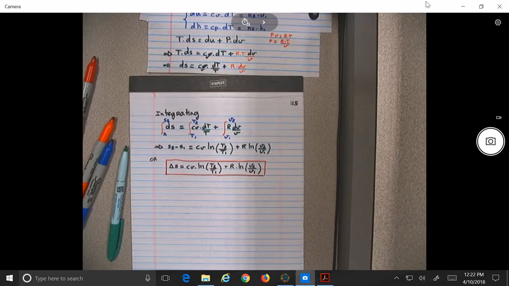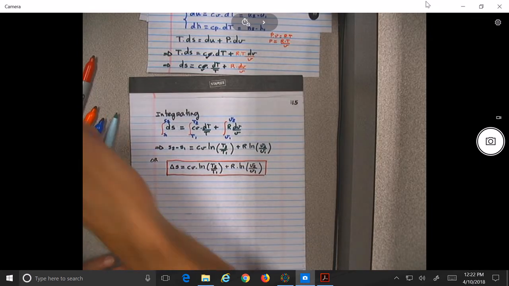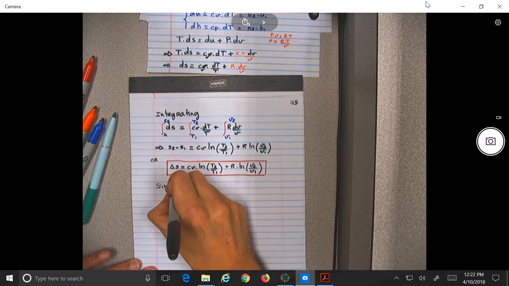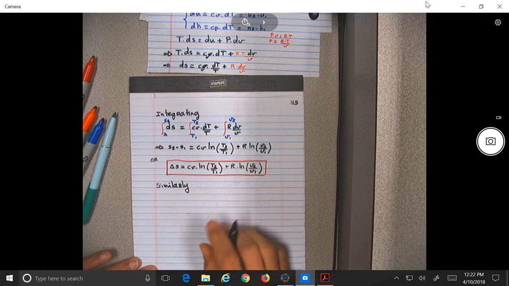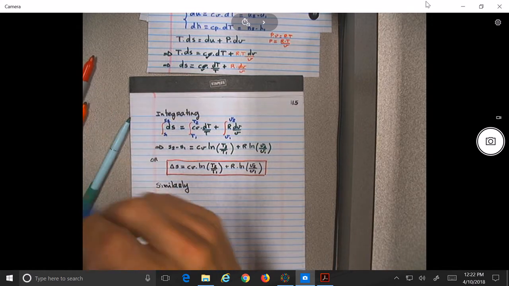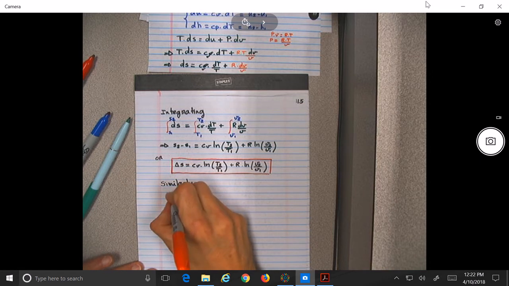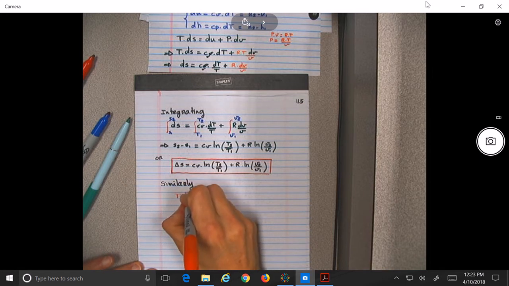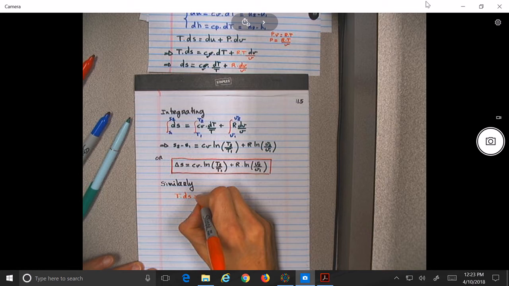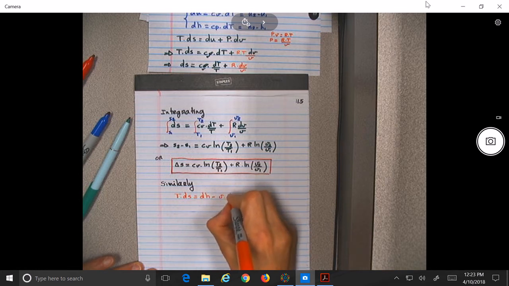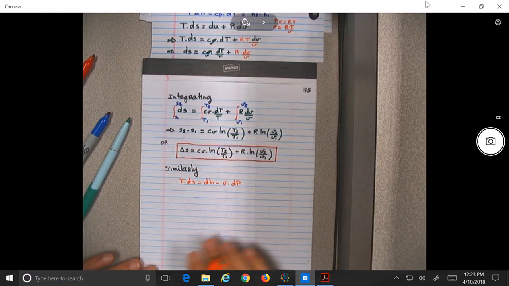So similarly, this time I do it in orange. We have TdS equals dH minus VdP. I guess this one you can do on your own.